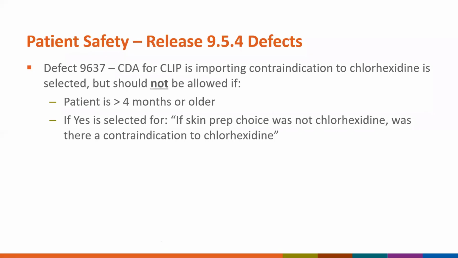If the answer to this is yes, or if the patient is older than 4 months, the user should not be allowed to select facility restrictions or safety concerns for CHG use in premature infants precludes its use. On the user interface, this option is grayed out, so it cannot be selected. However, it's being imported via CDA, so we will have this corrected in our 9.5.4 release.